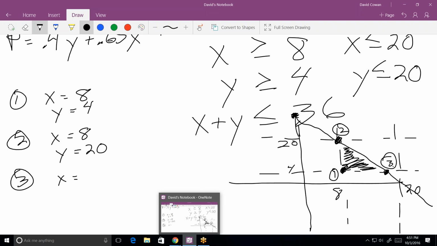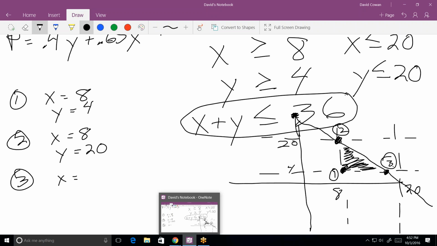Okay, now go back and plug 4 into this. What do you get for x? Wait. Y is 4, right? Yeah.